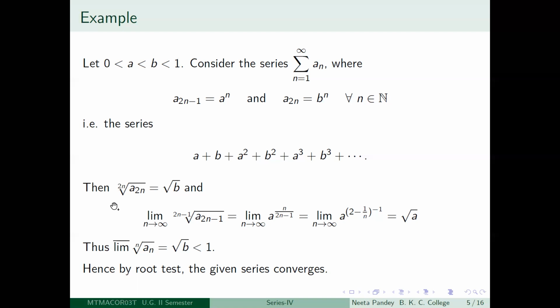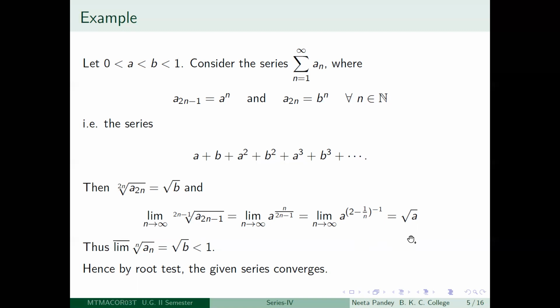If you look at the subsequence forming the series, the even terms subsequence is a constant sequence taking the value root b. So if you take the limit, you will get root b, and the odd subsequence is also convergent, and its limit is square root of a.